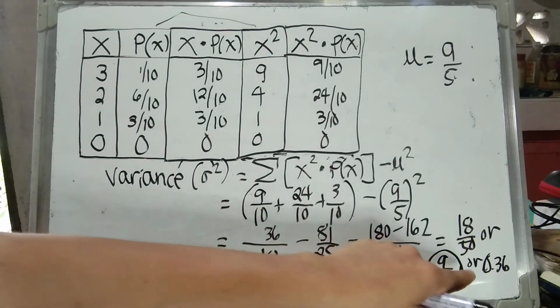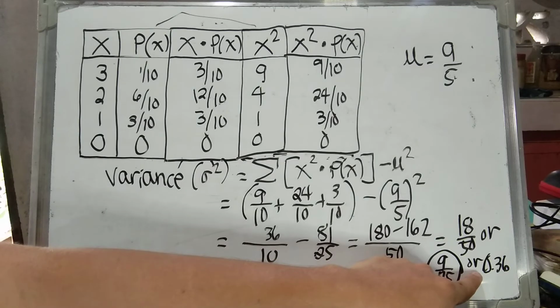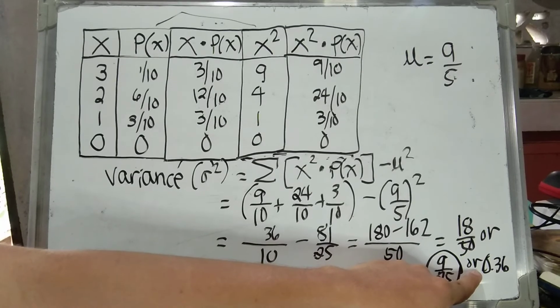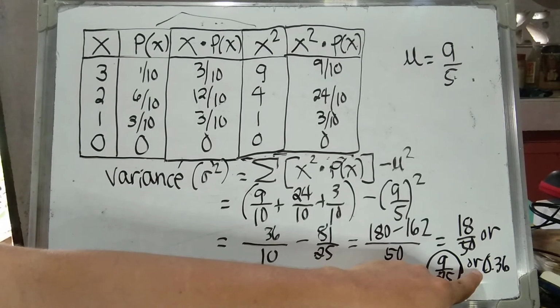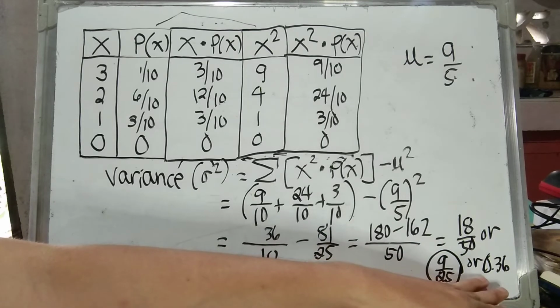If you have a bigger value, it means there is a huge spread of the scores from the mean, while if you have a smaller value, the values are closer to our mean.